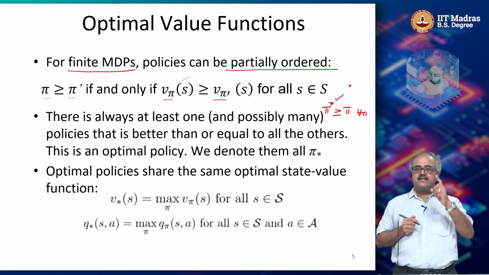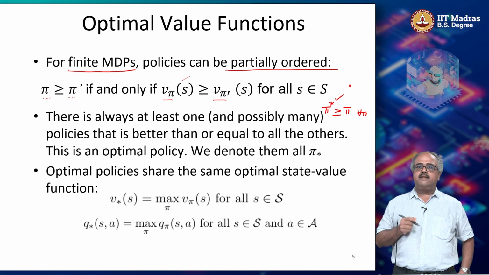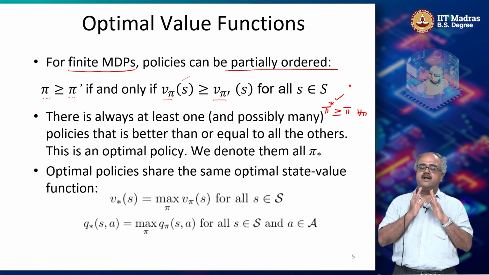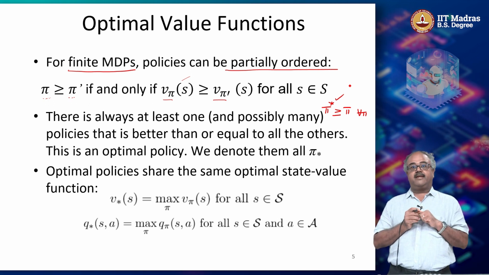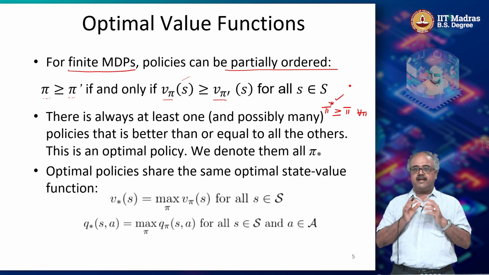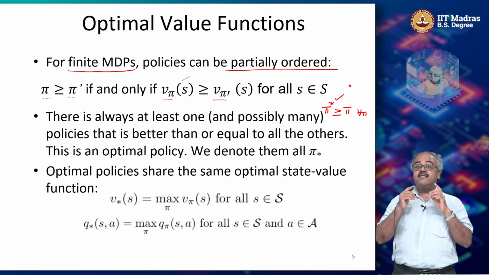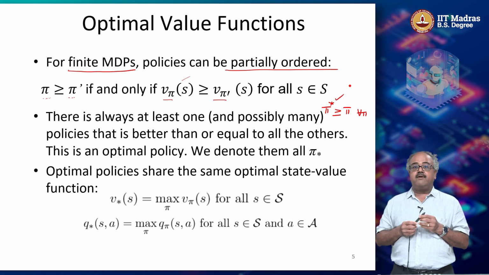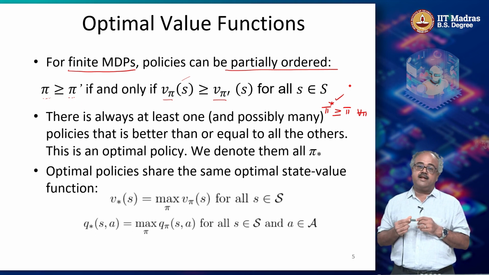That is the first statement, which you have to take on faith: there is a pi star such that pi star is greater than or equal to pi for all pi. The second statement, again without proof right now, which I want you to accept, is that there is at least one deterministic policy that is optimal.